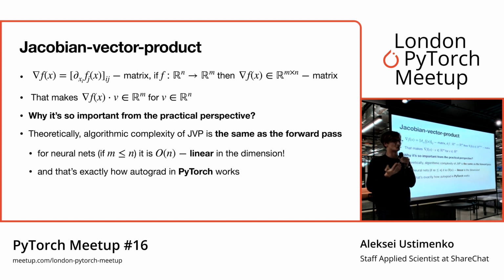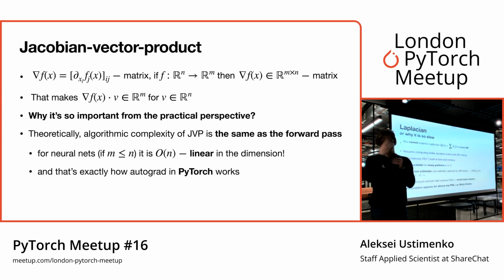So if you can compute a forward pass in linear time with respect to the number of your particles, then you can compute a Jacobian vector product in the same time. It would be a bit slower, but that doesn't matter. At least it scales asymptotically the same, and that's very important for this talk. Next slide, please.